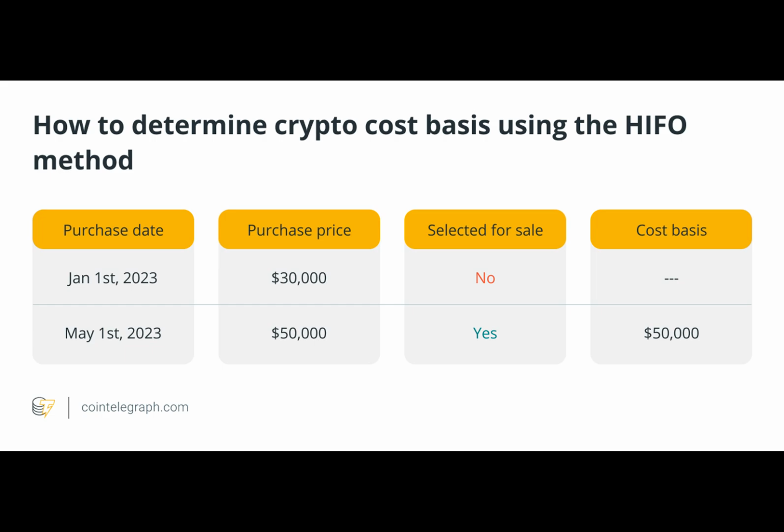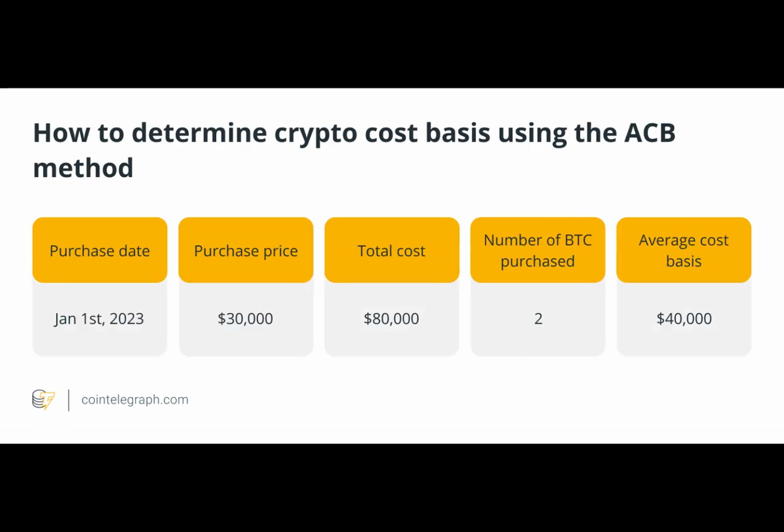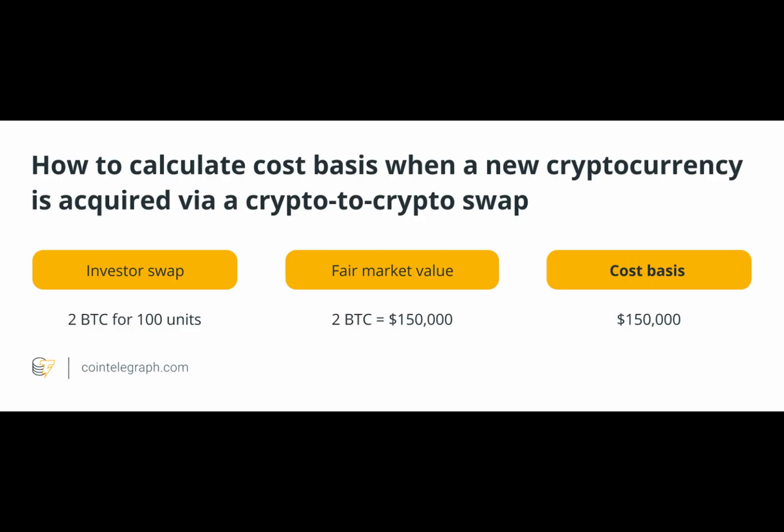And rewards for staking and mining are normally recognized as income at the cryptocurrency's fair market value on the date of receipt, and the fair market value becomes the cost basis for the cryptocurrency received. Example, the cost basis for the staked cryptocurrency would be $200 if an investor received 5 units of the cryptocurrency as a staking reward, and the fair market value of each unit at the time of receipt was $40.